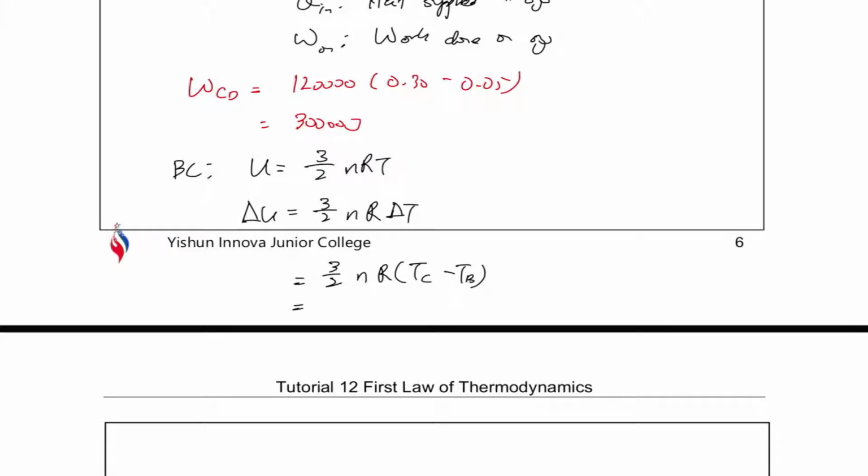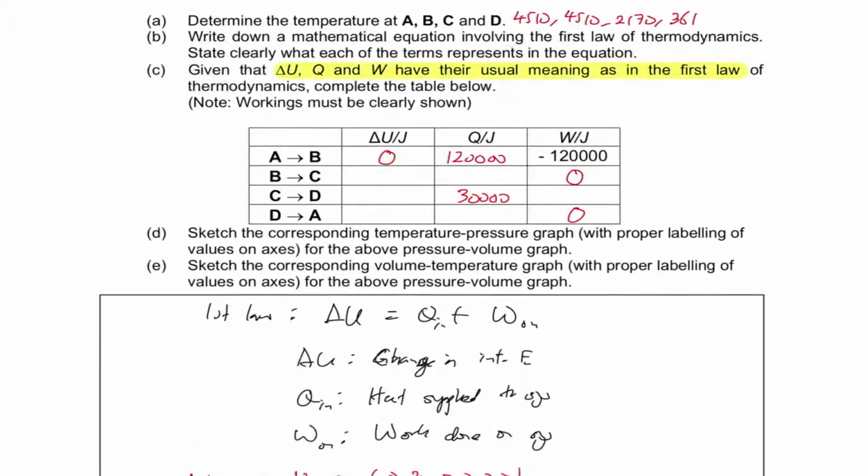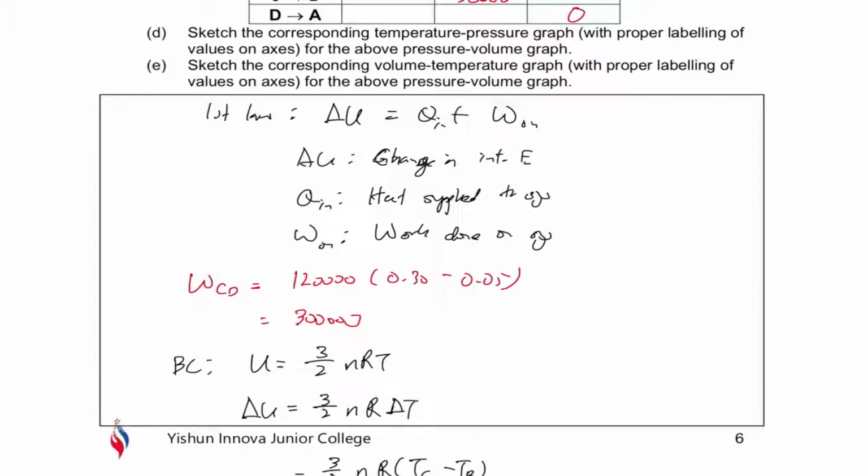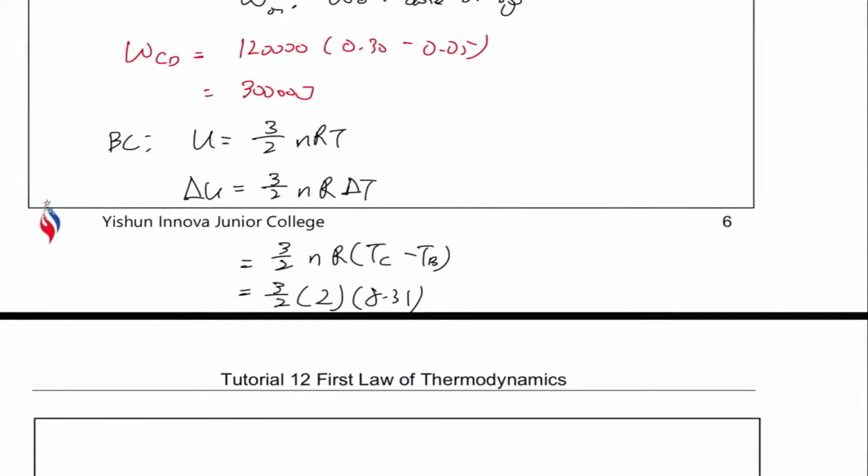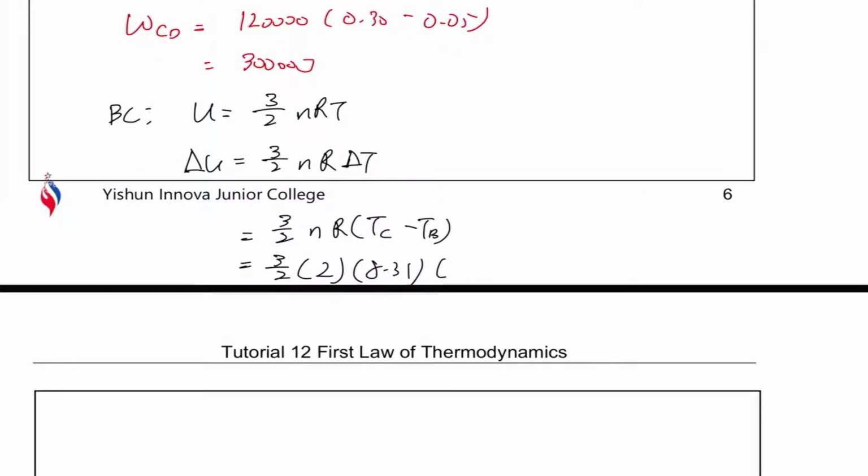That gives me 3 over 2 times 2 times 8.31 times the temperatures of C and B, 2170 minus 4510. And that will give me negative 58400 joules.